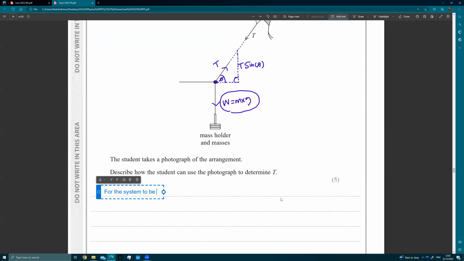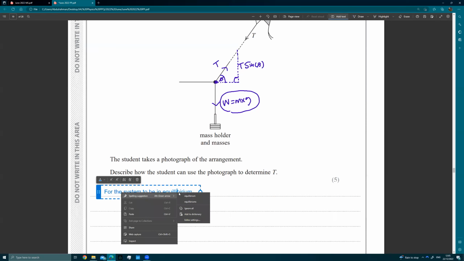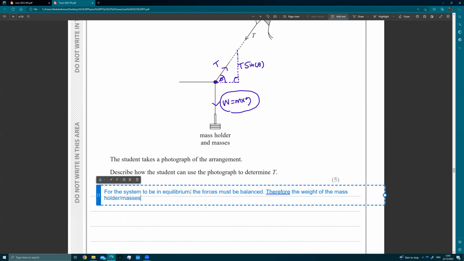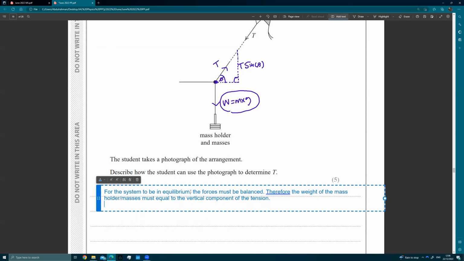For the system to be in equilibrium, the forces must be balanced. Therefore, the weight of the mass holder masses must equal the vertical component of the tension. Let's write that down in terms of the equation. So weight is equal to T sine theta.